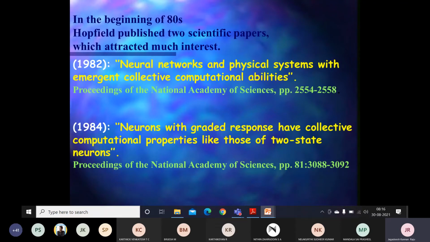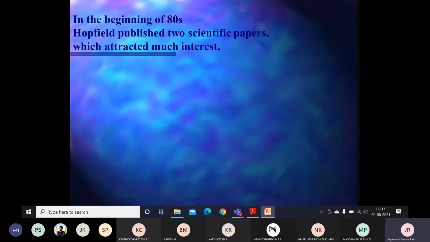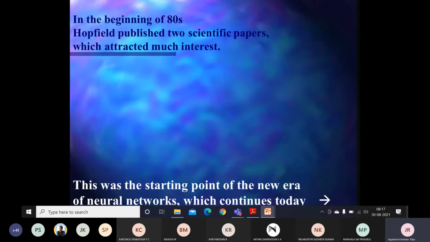That was the first paper published by John Hopfield in 1982, and subsequently in the year 1984, he published another paper, "Neurons with graded response have collective computational properties like those of two-state neurons." Both these papers paved the way to consider the Hopfield network in the domain of neural networks, which belongs to the computational intelligence platform.